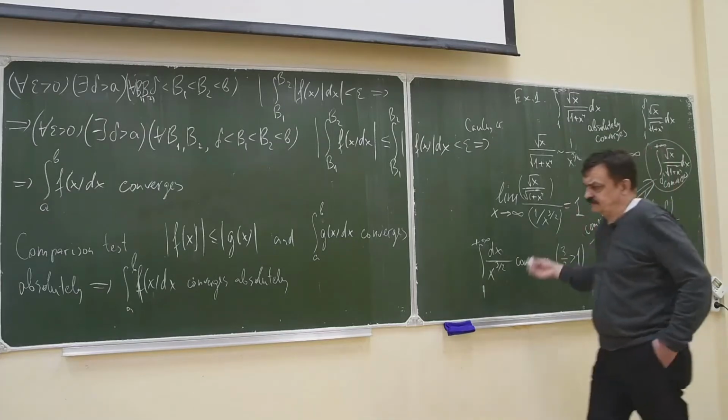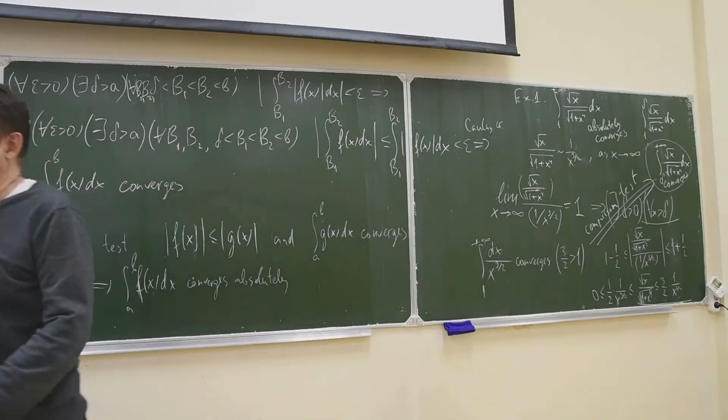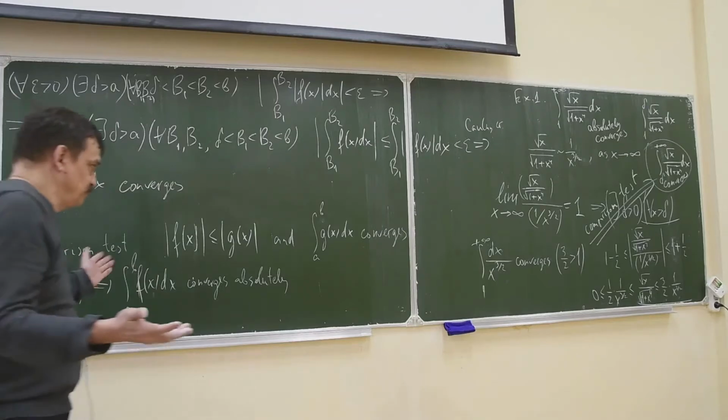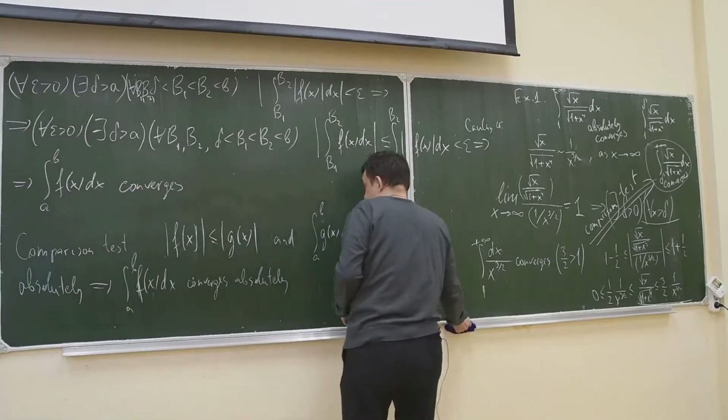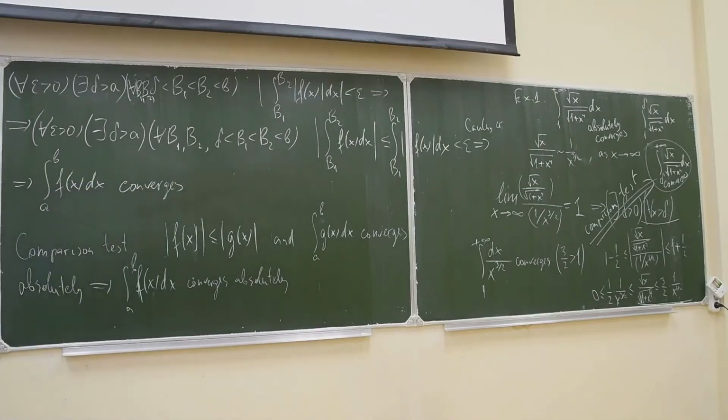And that is always the case. For non-negative functions, it makes no sense even to distinguish: convergence is the same as absolute convergence for non-negative functions, right? Because absolute convergence means convergence of the absolute value.